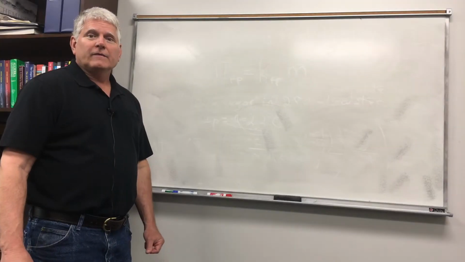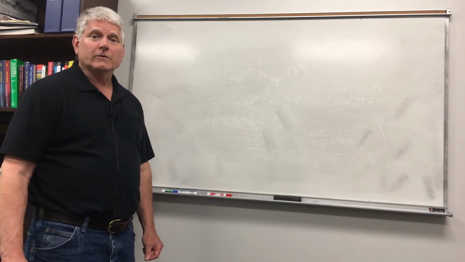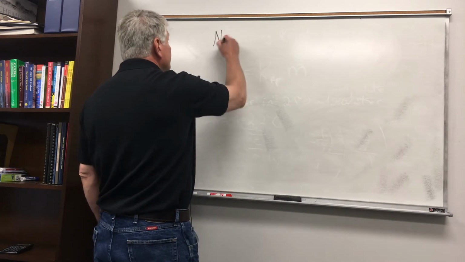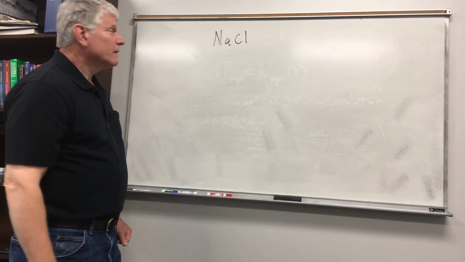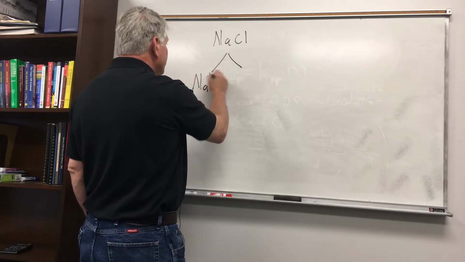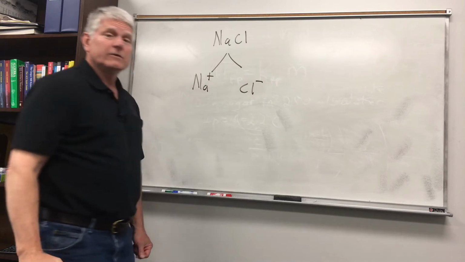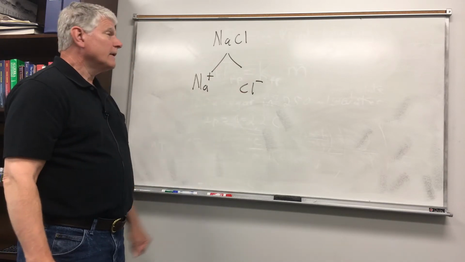So what if we have a solute that dissociates upon dissolution, say sodium chloride? We take one sodium chloride formula unit, dissolve it in water, and it dissociates into two separate ions, a sodium plus and a chloride minus ion.